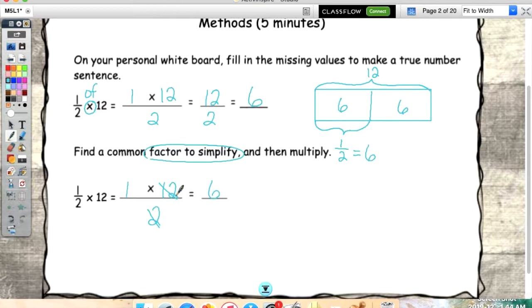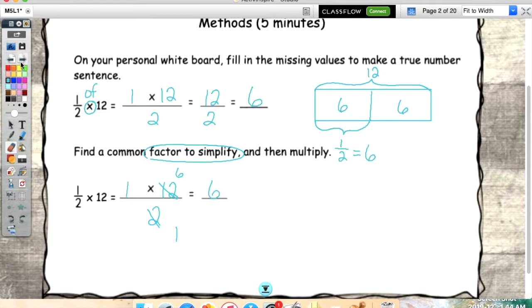So I'm going to do it in my head. So cross them off. This is how you write it. So I'm going to do 2 divided by 2. What is it? Just write it down there. 12 divided by 2. What is it? And so now I have 1 times 6 equals 6. And do I ever have to write a 1 under the number? Only if I want to turn it into a fraction. And I don't want this to be a fraction. So my answer is 6.